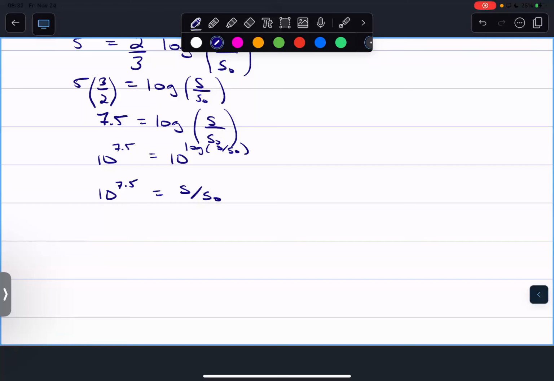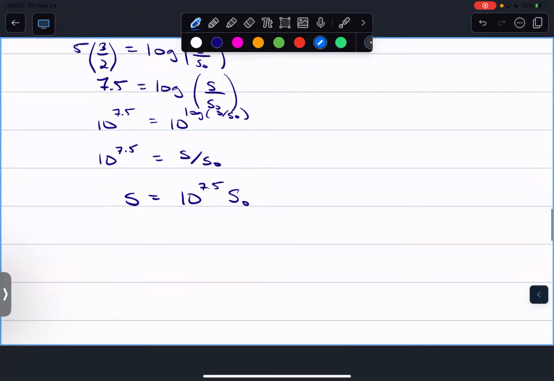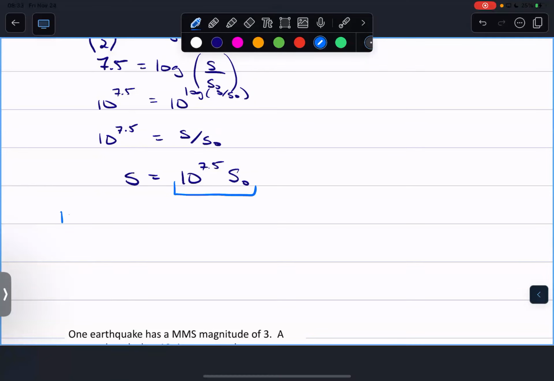What I can do is multiply this baseline energy right over here, and I can say that in this case, S was 10 to the 7.5 times S0. Right? Which is really saying 10 to the 7.5 times the baseline.